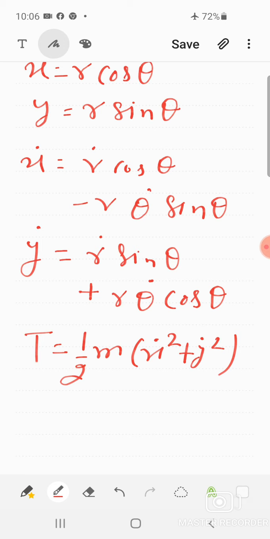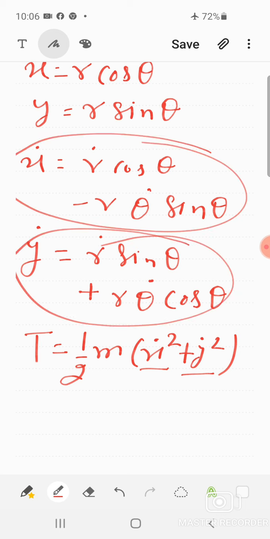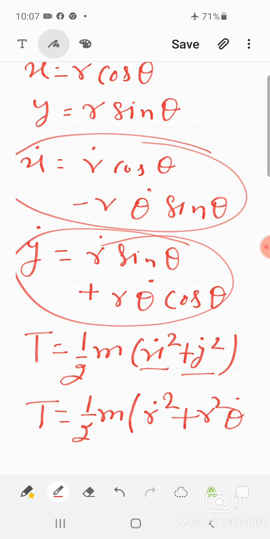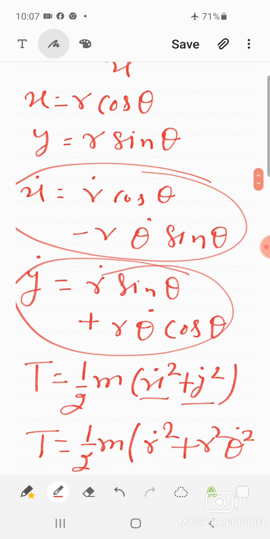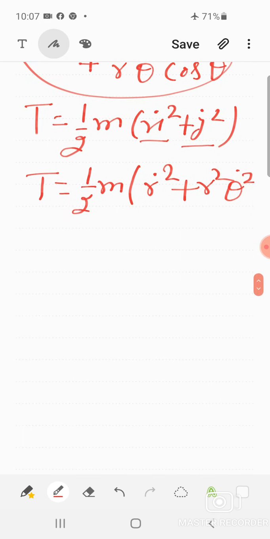Putting in the values of x dot and y dot from these equations and opening the squares, finally we get the kinetic energy T equal to 1 by 2 m (r dot square plus r square theta dot square).